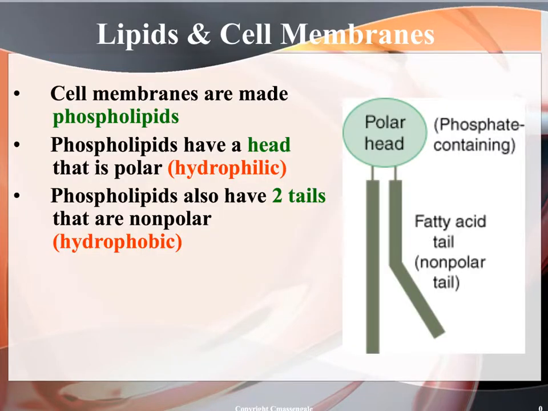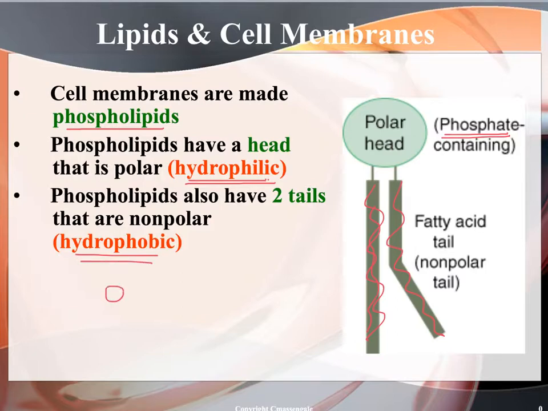Lipids have a very important role in cell membranes. The lipids there are not triglycerides, though, they are phospholipids. So they do have 2 fatty acid chains attached to that glycerol, but the third one is taken up by a phosphate group. And so the phosphate group is a water-loving, a hydrophilic group. It's polar. It will be attracted to water. But the lipid ends, as you know, water and fat don't mix, so they are hydrophobic or nonpolar, not attracted to water.